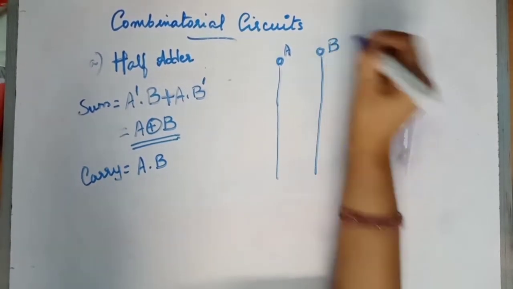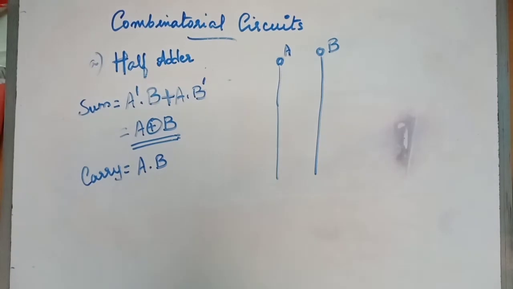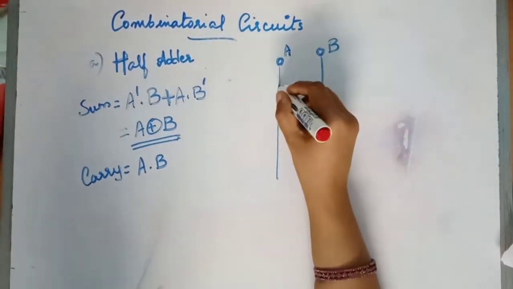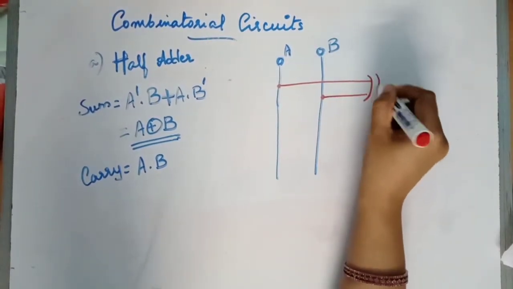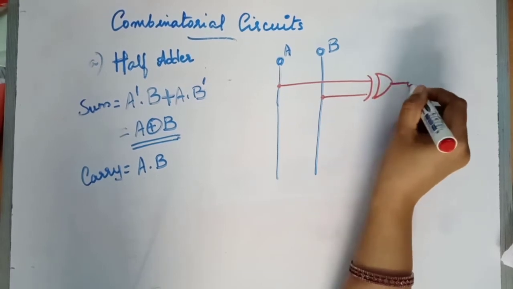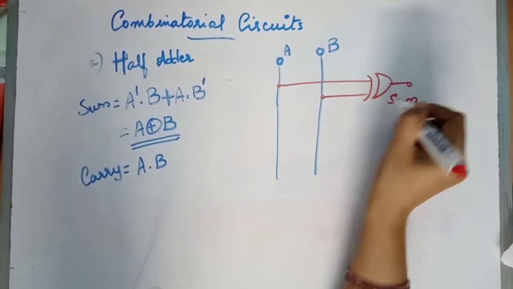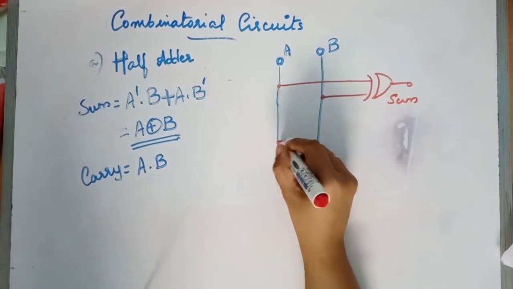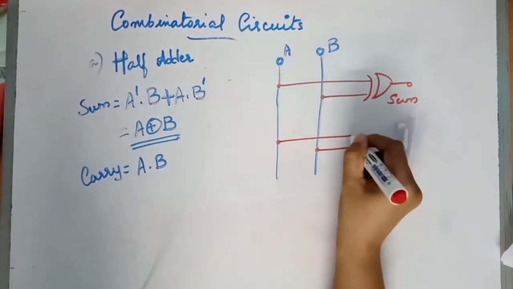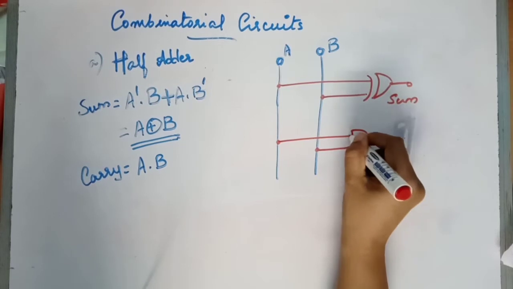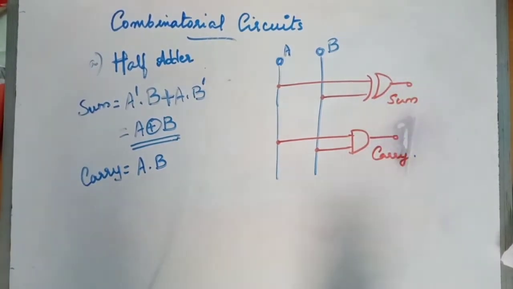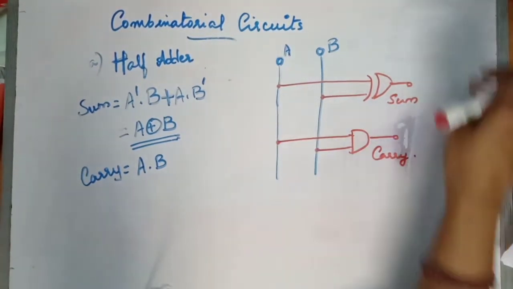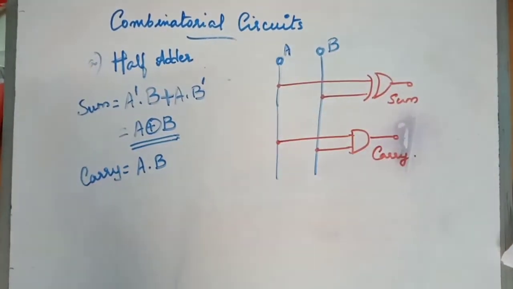So this is A, B. A XOR B will be the sum, and A and B will be the carry. So this total system is called your half adder.